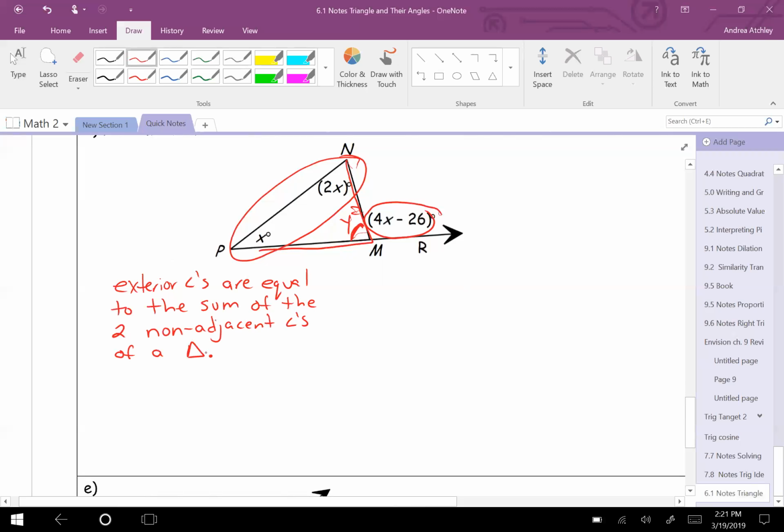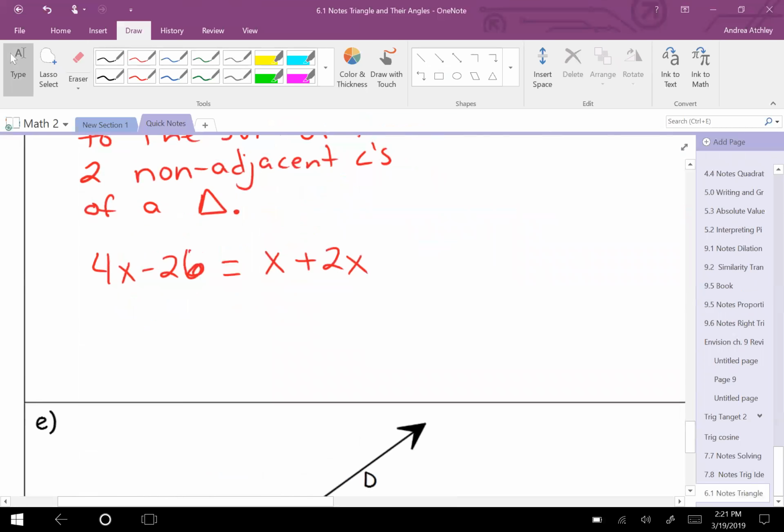Okay, the exterior angle is equal to the sum of the two non-adjacent angles in a triangle. That gives me 4x minus 26 is equal to x plus 2x. I put my line down the center. This is like a 1x. x and 2x is 3x.